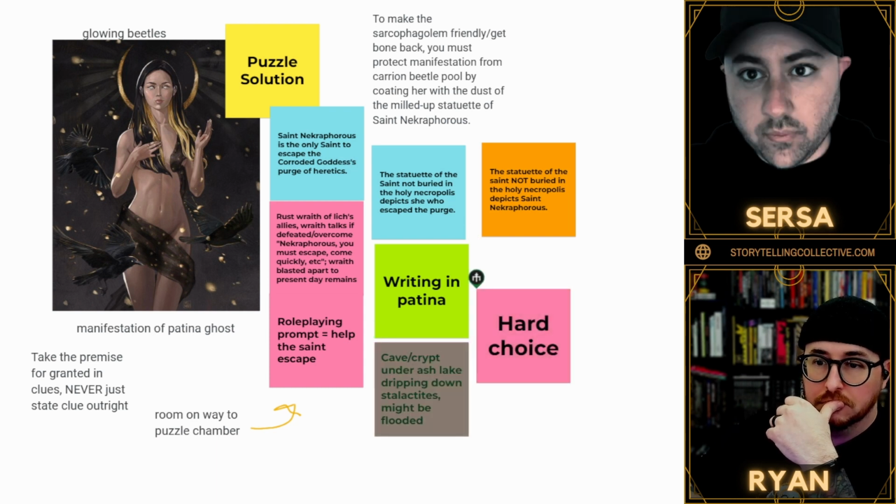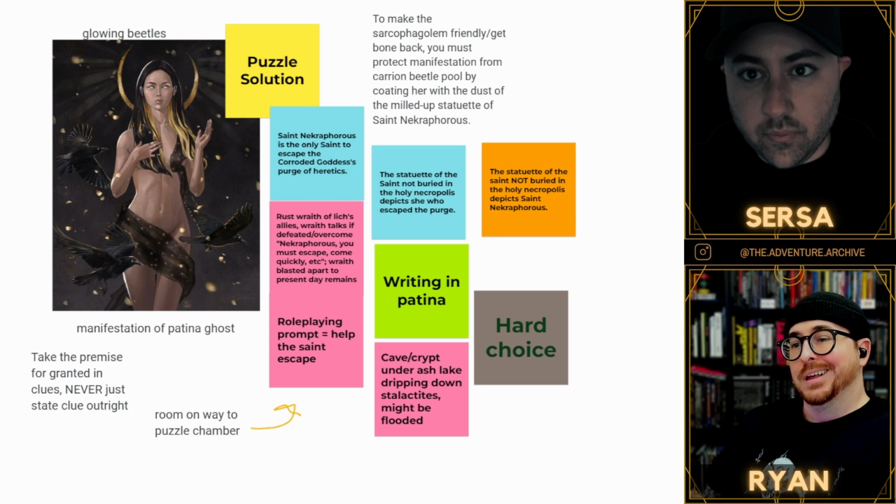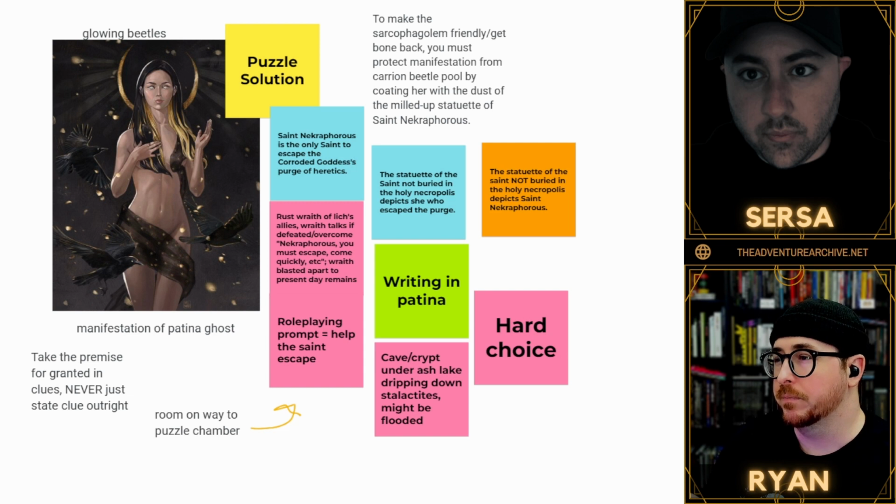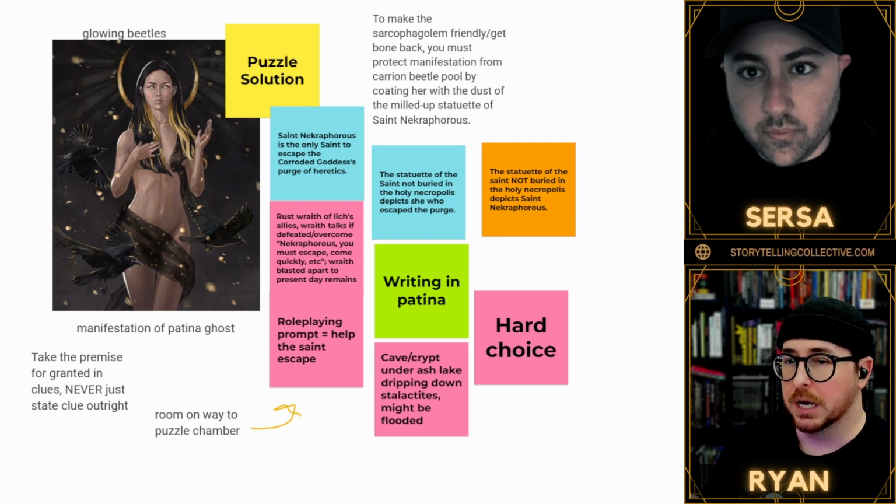Mm-hmm. Do you have any initial thoughts? Yeah, so my thing about doing something to get her to manifest is a whole other layer of something else that they need to do, as opposed to potentially her manifesting and then beckoning them towards something. Yeah.